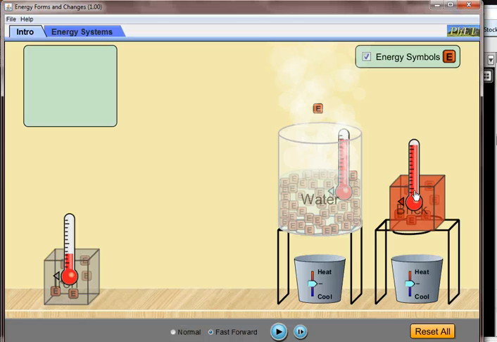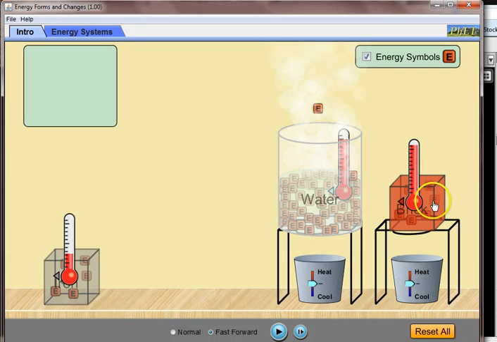So what do you think: to reach the same temperature, which of these two would require less heat, water or the brick? Brick.